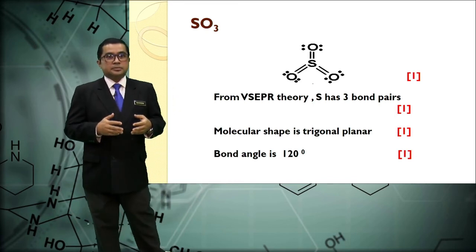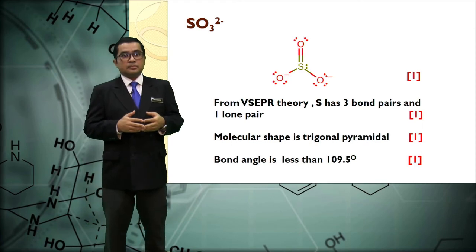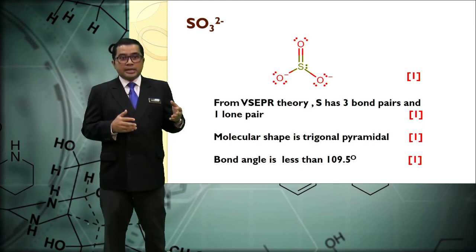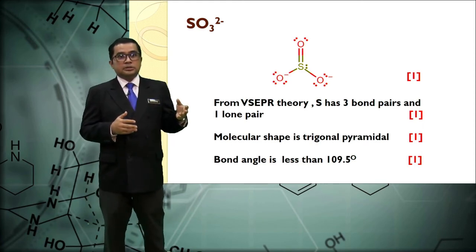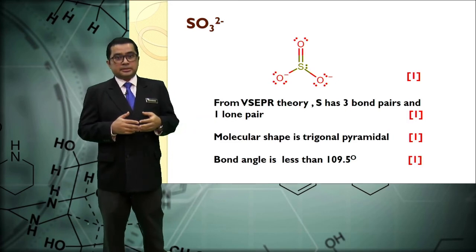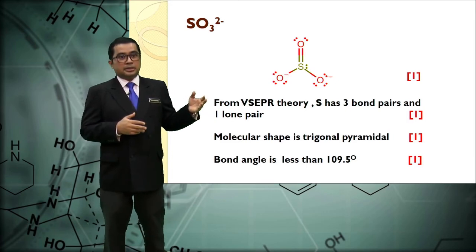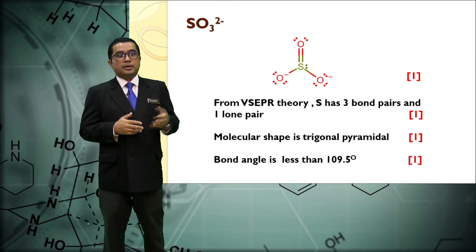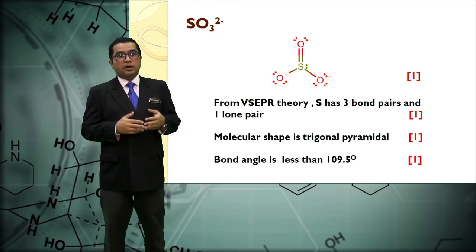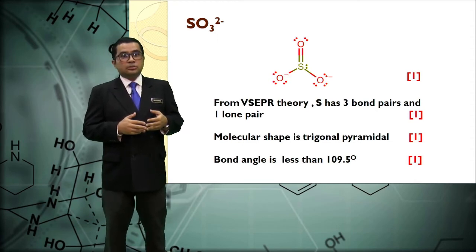Okay, we go to the next structure. The next ion is SO3 2-. Again, draw the correct Lewis structure for SO3 2-.